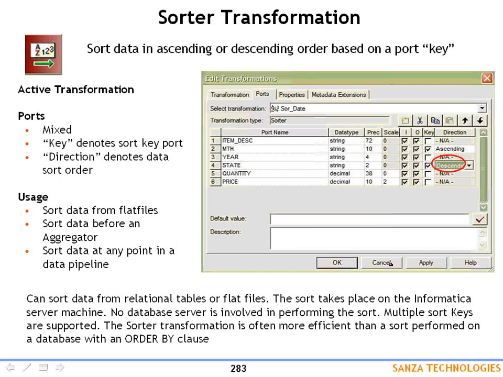Sorter has input port, output port, directly data comes in and data goes out. Sorting means order by. You can do order by based on ascending or descending on multiple columns. To do order by on multiple columns, on which column you want to do, that is represented by the key port, and in which direction you want to do it, ascending or descending, you can set it up in this sorter transformation.